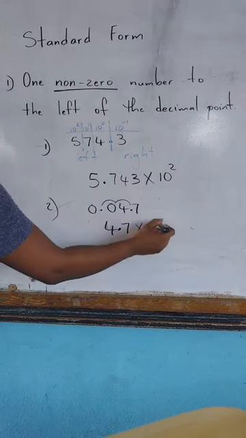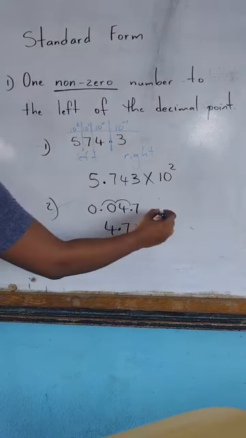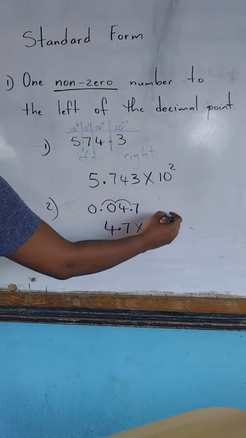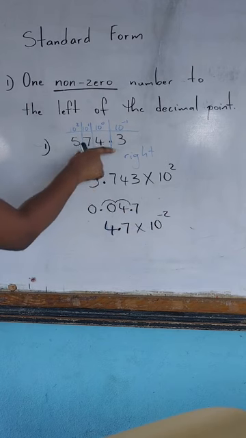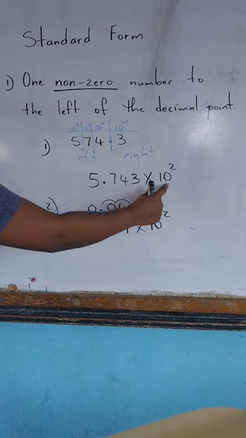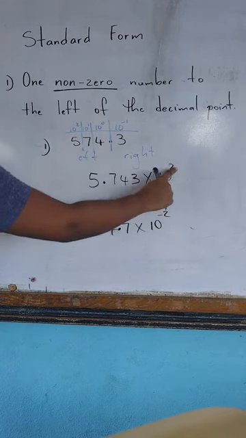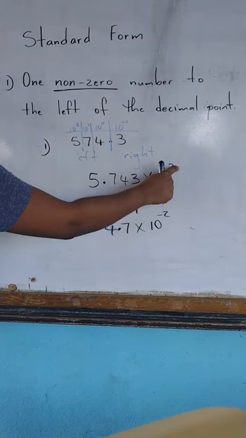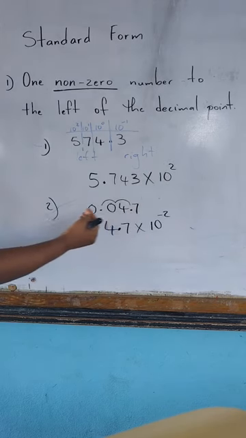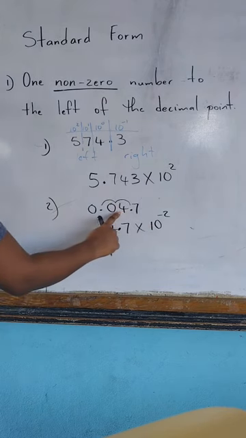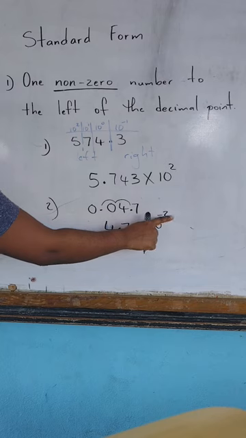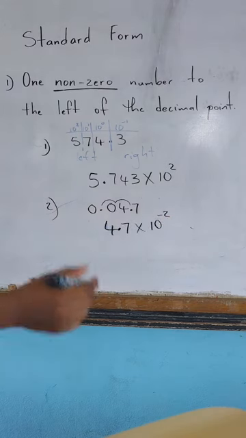So I now need to decrease the number by taking off 2 powers of 10, so that's negative 2. Notice that when I reduced the number, I had to give it back its value by giving it 2 powers of 10 positive. But when I increased the number, I now have to take it back, and this was 2 powers of 10, but it is negative.